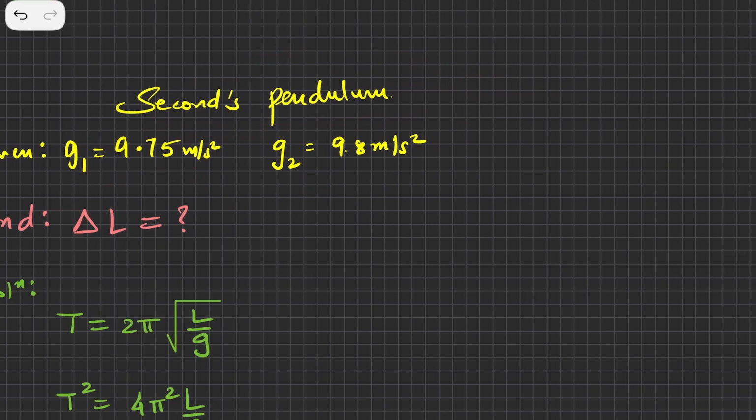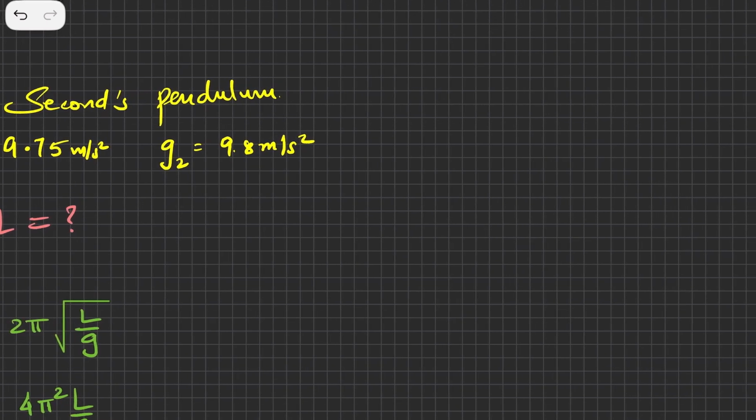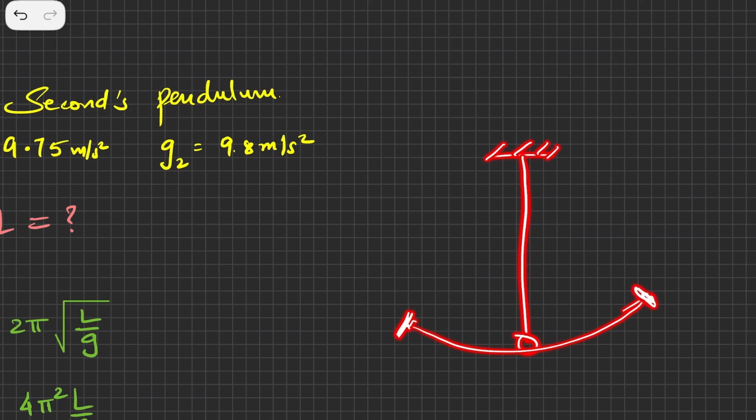Now before we go ahead, since I have not explained what seconds pendulum is, a seconds pendulum is a pendulum whose time period is equal to 2 seconds. So if there is a pendulum oscillating back and forth from its extreme to extreme, it starts from, let's say here, goes to the positive extreme and then comes back to its original position, that is the negative extreme, and the time required for this particular oscillation is called 2 seconds.